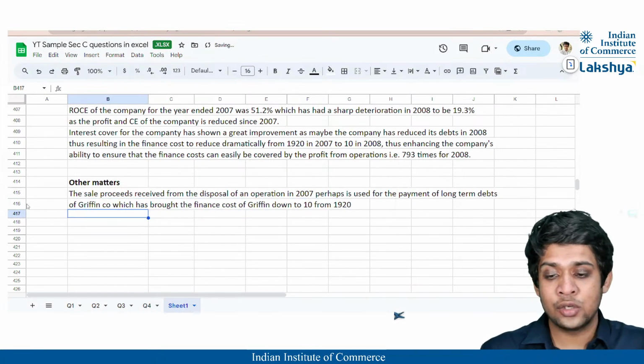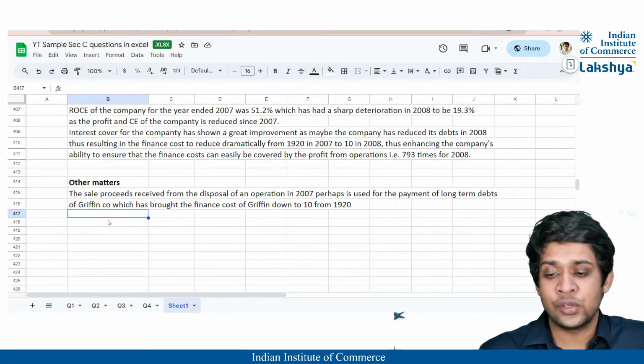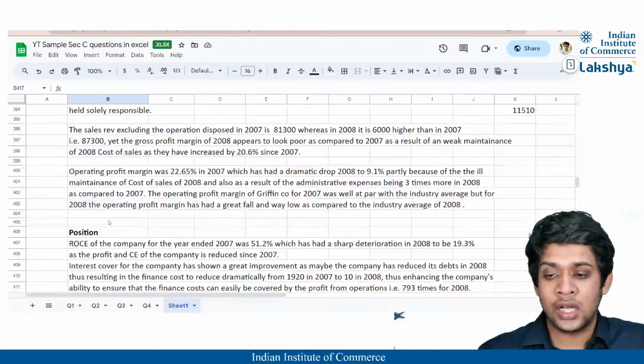Now, whatever the other values, you can state that in values. Always put dollars or value to it. Okay. So, like this, you can also state a heading called other matters.